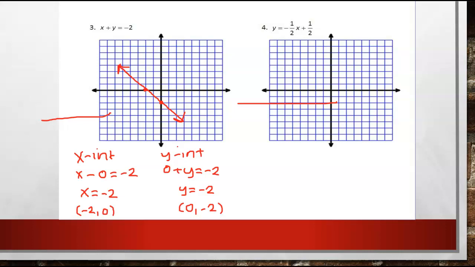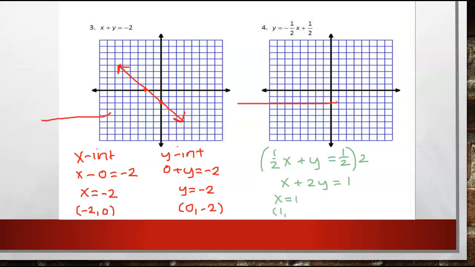So to get this one in standard form, again, fractions aren't our friends sometimes. You would add over the 1/2 x. And then we could get rid of the fractions by multiplying everything by 2. So you get x plus 2y equals 1. So now when we find our x and y intercept, we get x equals 1.